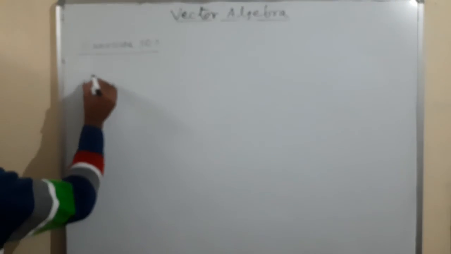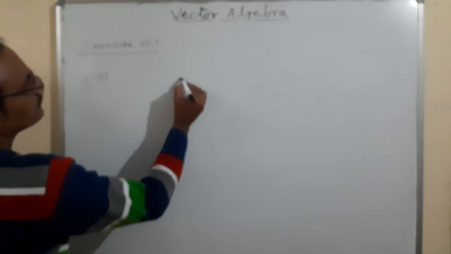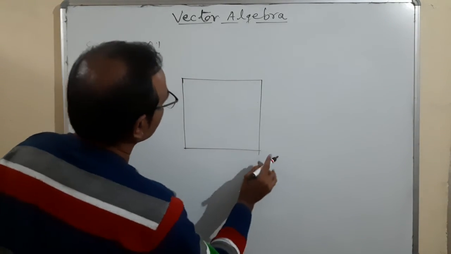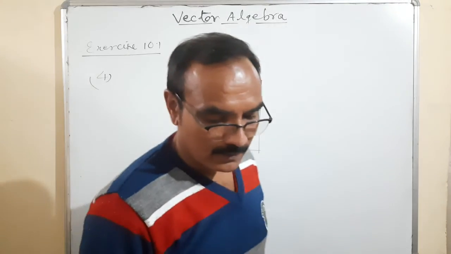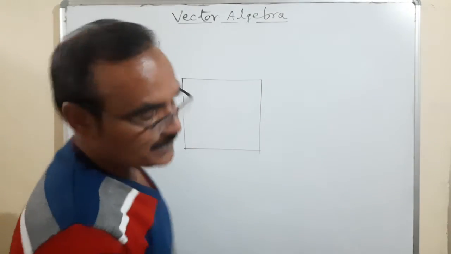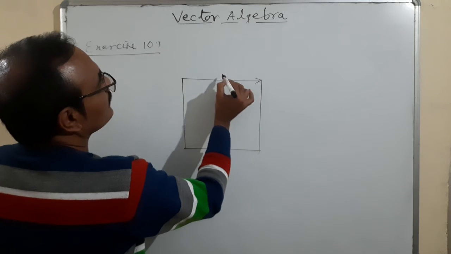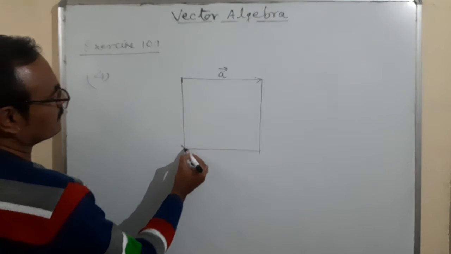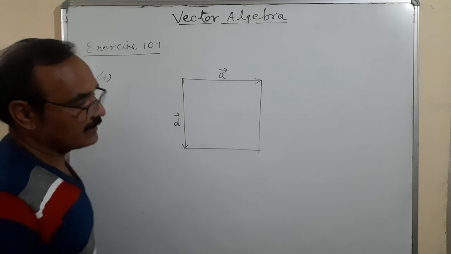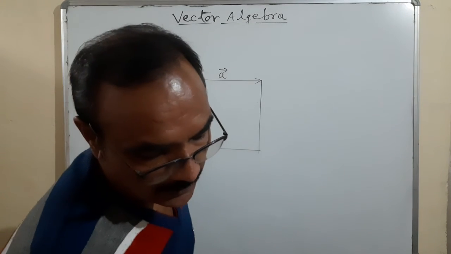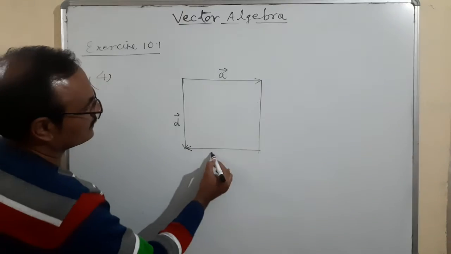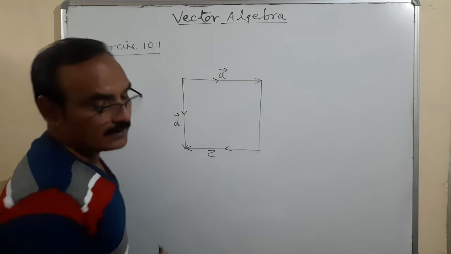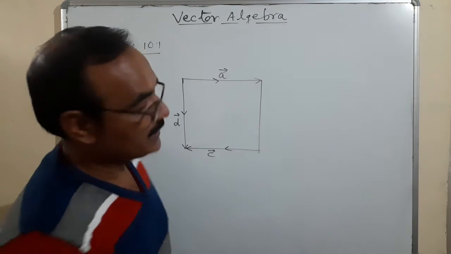One question number 4. Directions upside, there's a direction, it is A, vector A. Here is a downside direction, vector D. Here is C, this side, like that, and one is B, it is also downside.